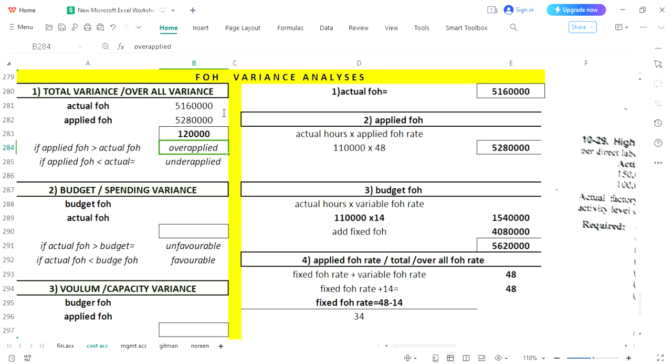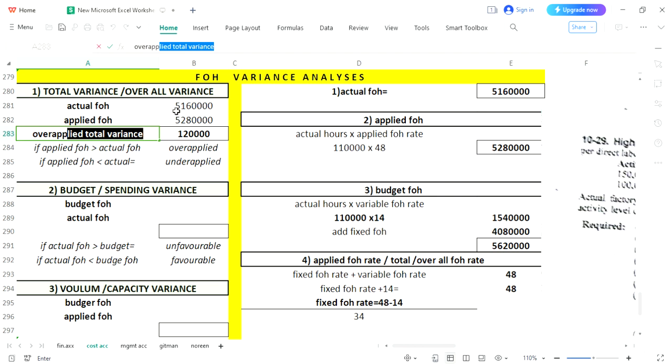So we have our total variance. It's time to conclude by focusing on applied FH. Applied FH you can see is 52, actual is 51, so applied is more. If applied is more, you can call it over applied total variance, which is 1,20,000.